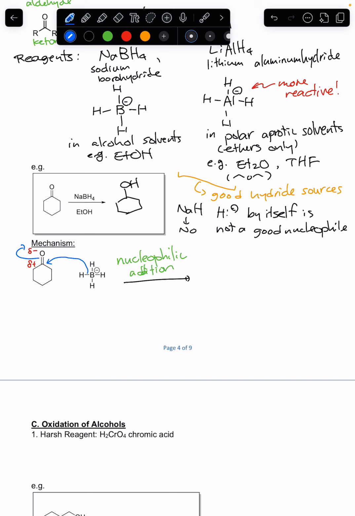And the pi electrons get kicked up to the oxygen, so you get that intermediate. And remember, if we're doing this in an alcohol, this alkoxide could pick up a proton from the alcohol, because it's amphoteric.